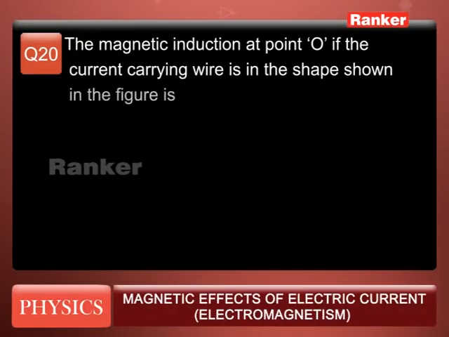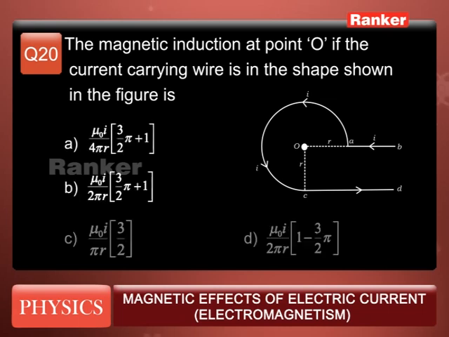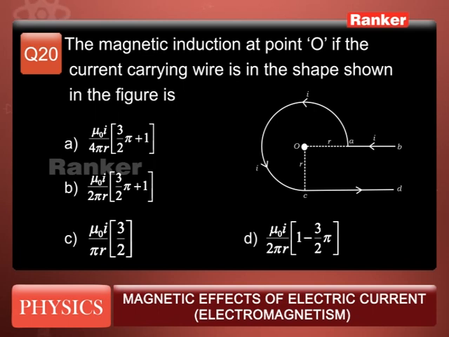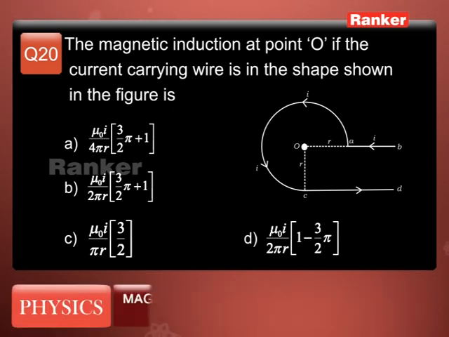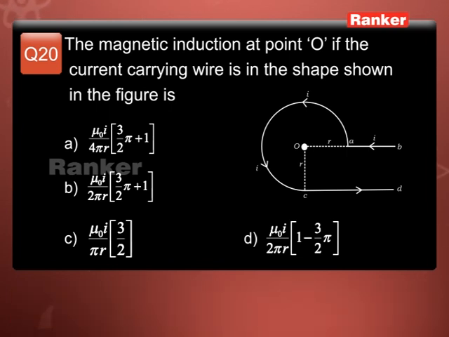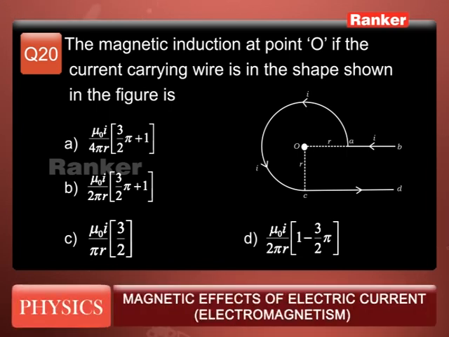The magnetic induction at the point O, if the current carrying wire is in the shape shown in the figure. He is giving us a conductor. In what way? Just look. This is the center. It's starting from here. And here he has taken a parallel conductor. This is the radius there.